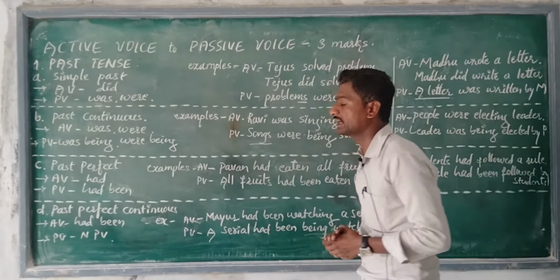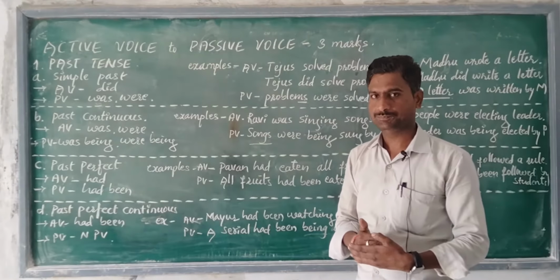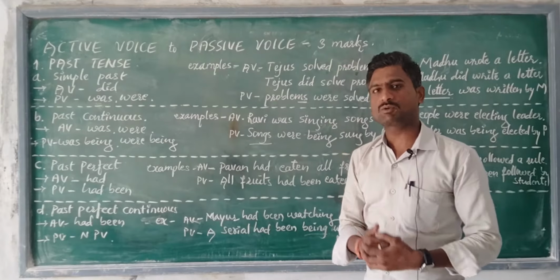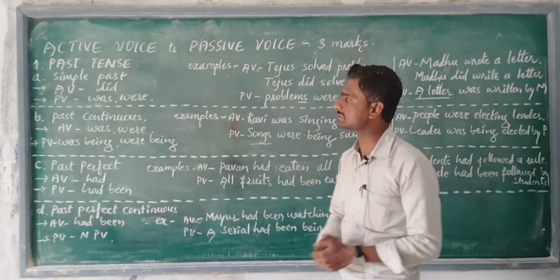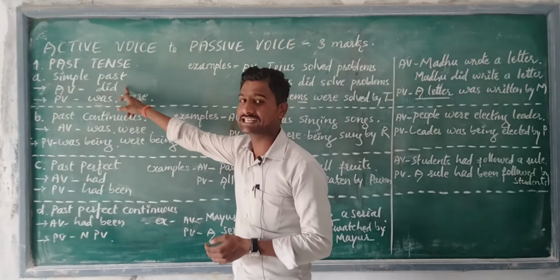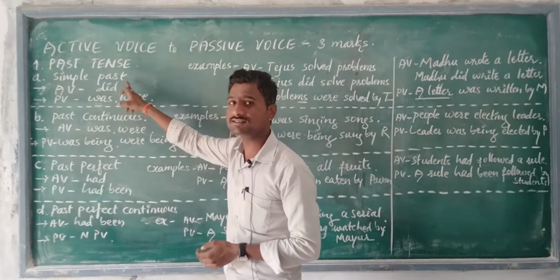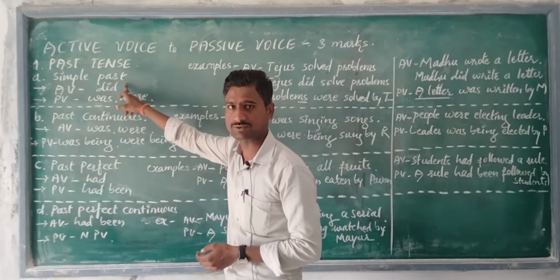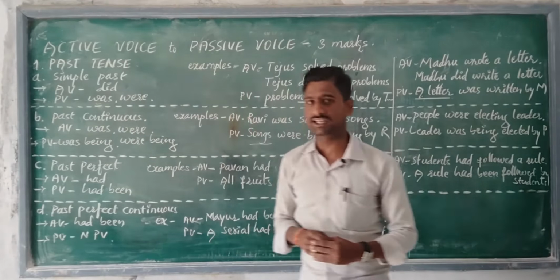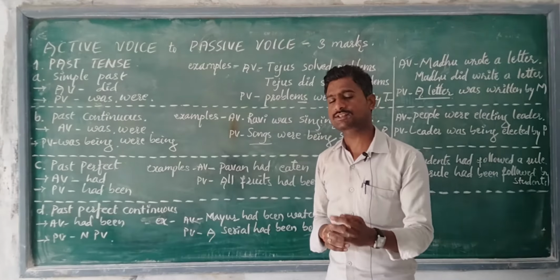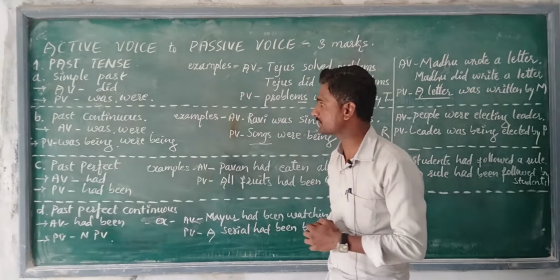My dear students, in simple past there is a helping verb, that is did. This helping verb stands with all subjects, with all pronouns. But this helping verb did is only used for active forms, not for passive forms.